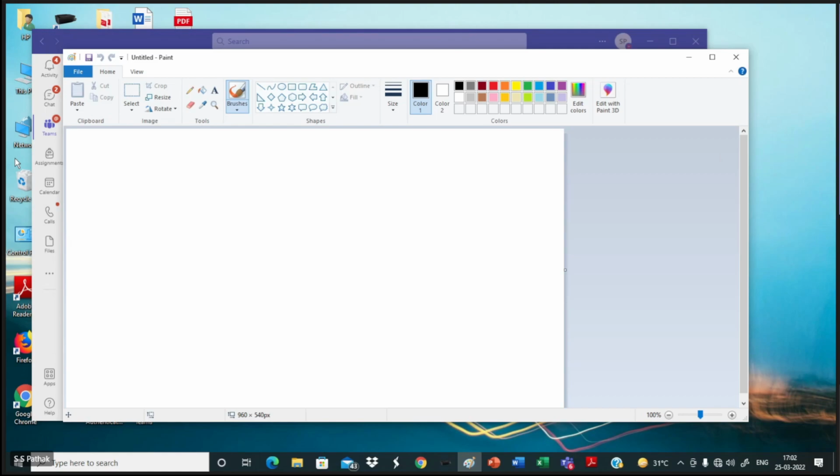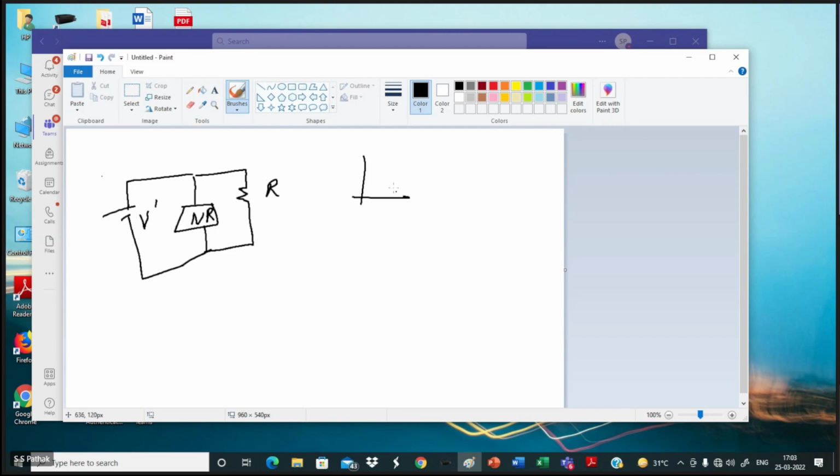Yeah, I'm here now. Same NR device. Same characteristic given the way I have given that, same is given like that. Now I use this resistance like this. So this becomes my V dash, this is my R, and the VI characteristic is given.